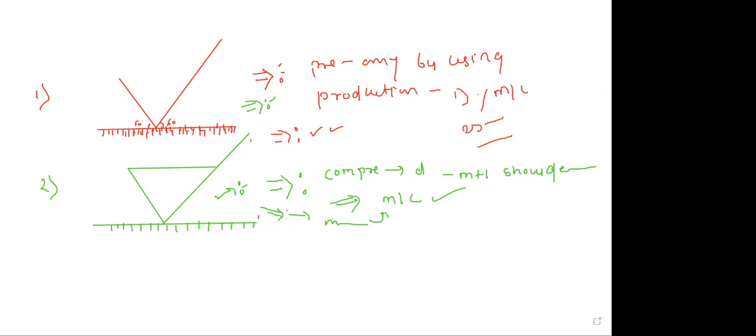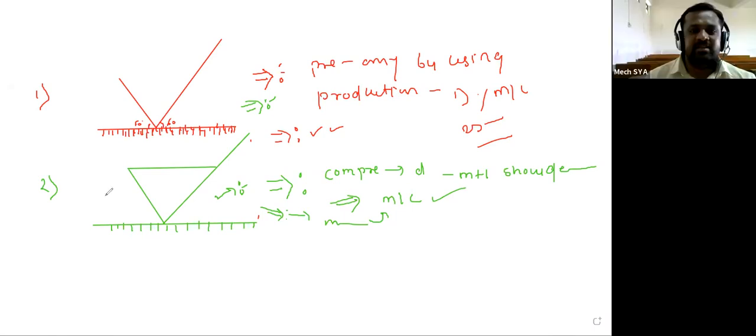Okay, now say third symbol. Symbol third.